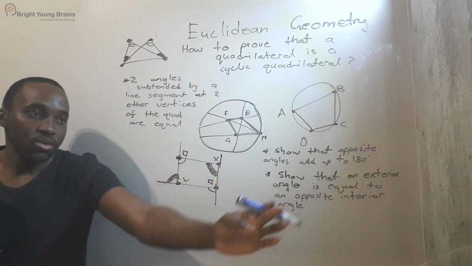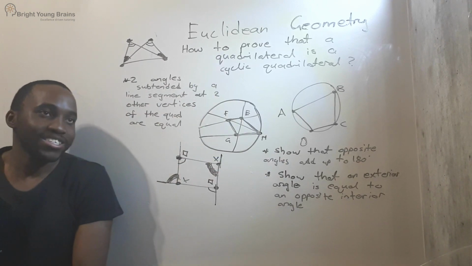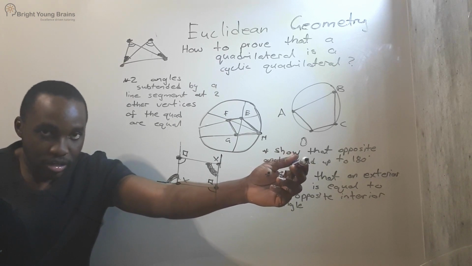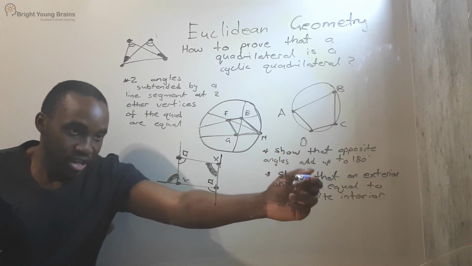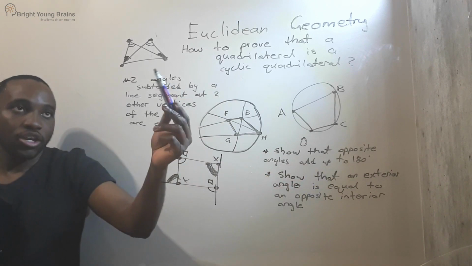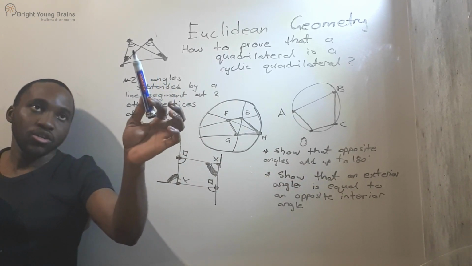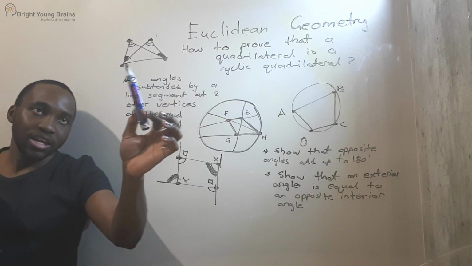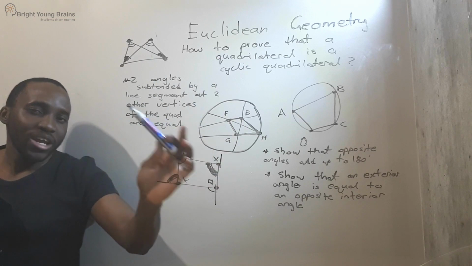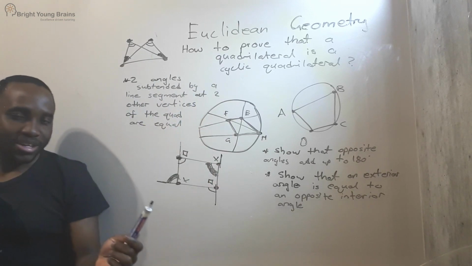So these are the three ways that you can prove that something is a cyclic quad. You can either show that opposite angles add up to 180, or that an exterior angle is equal to an opposite interior angle, or that two angles subtended by the same line are equal to each other, using whatever information should have been given.